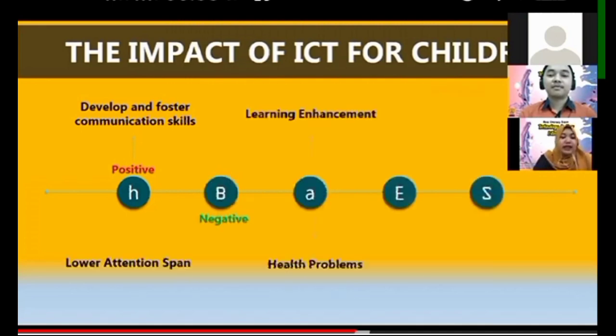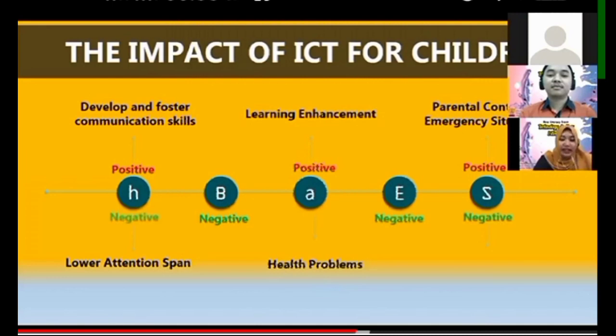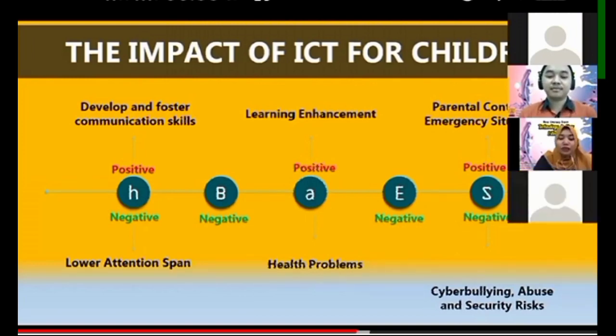Okay, yes. And then number two of the positive impact is learning enhancement. Learning how to learn is a very important skill for children. We have to say thanks to the internet. Why? Because there are many libraries with an infinite number of books in every house, so children can do extensive research on the subject they wonder about.